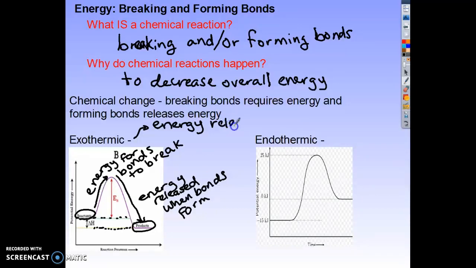Energy released as heat. And so if you were holding a flask and a reaction like this happened where more energy was released, then the flask would feel hot. Okay? So this would mean that it is hot, which we call exothermic, when the reaction releases heat.